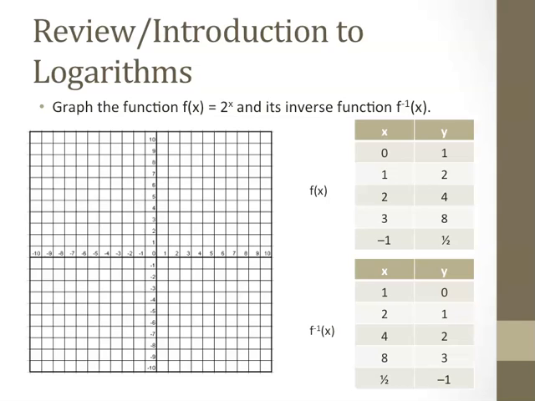Now let's go ahead and graph these so we can see what they look like. So 2 to the x, we put in 0, 1, 1, 2, 2, 4, 3, 8, and then negative 1, 1/2. And there's the exponential function. Okay, and then we have f inverse of x. So we have 1, 0, 2, 1, 4, 2, 8, 3, and 1/2, negative 1.